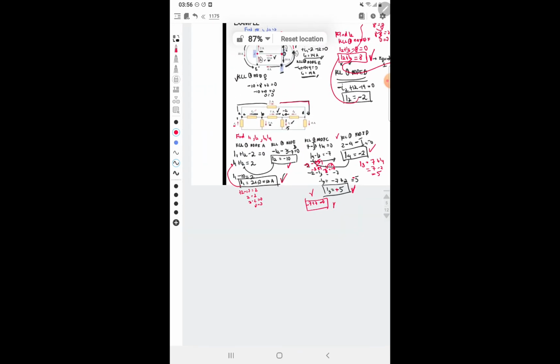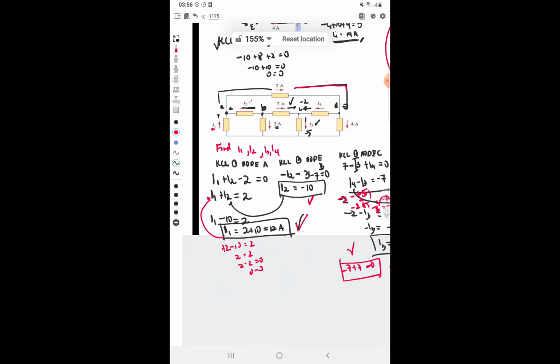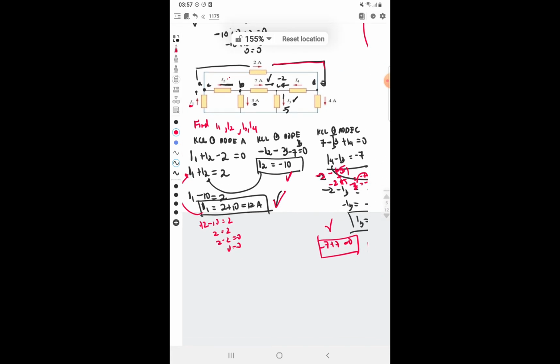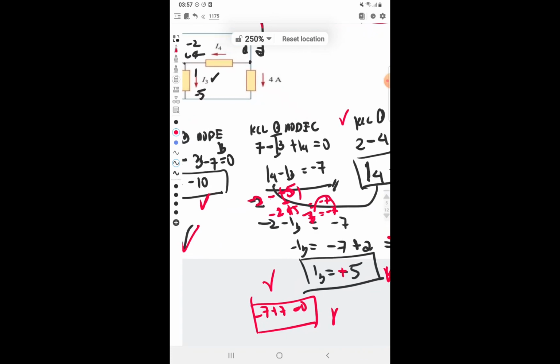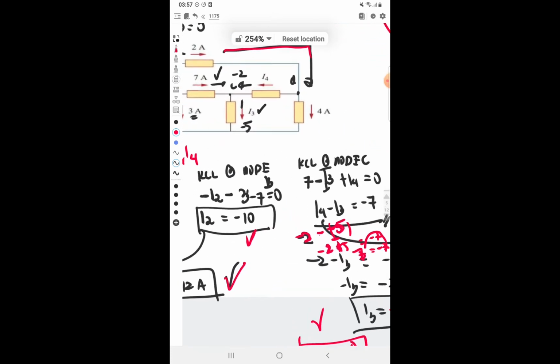So pag nagkamali ka, or para ma-check mo na mabuti, mag-summation ka ulit sa mga node mo, A, B, C, D. Pag may hindi mag-0, ibig sabihin, may isa kang mali. So yung nagawa ko kanina, yung implication nun is that parang binaliktad ko yung current.